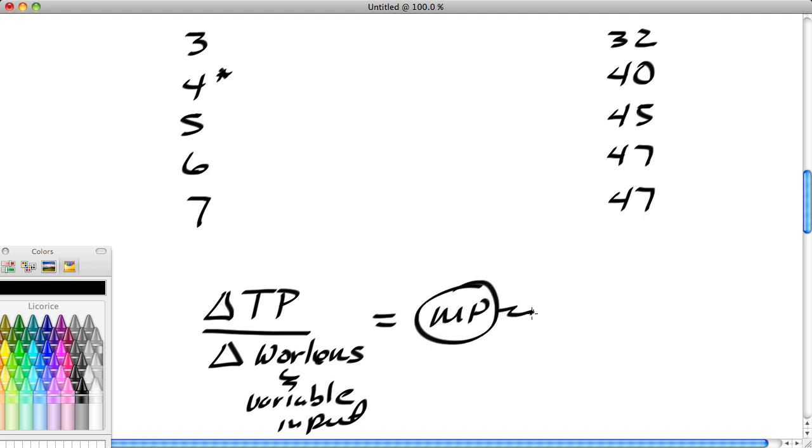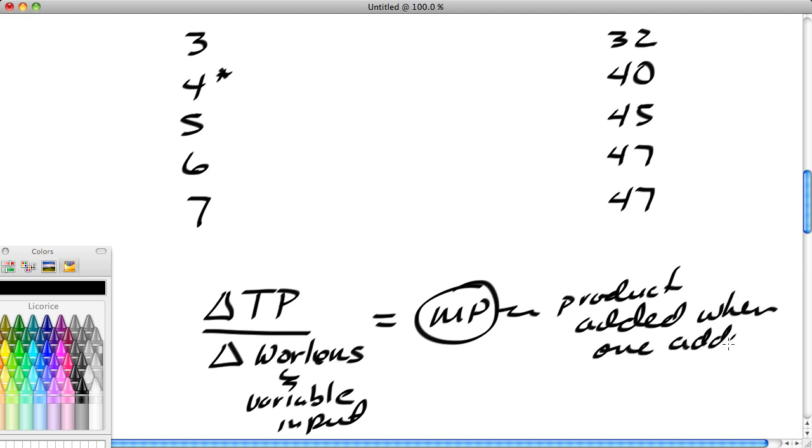What is marginal product? It's the product added when 1 additional worker is added. So it's the productivity gained when we add 1 additional worker.